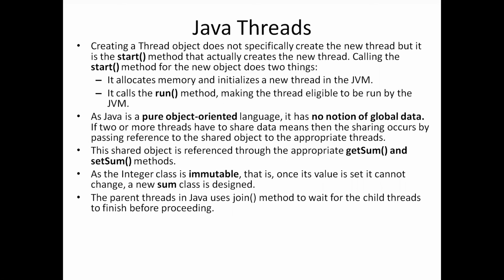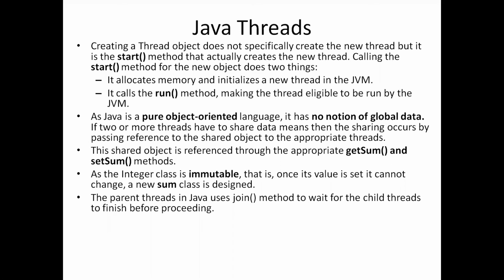The parent thread in Java uses the join method to wait for the child thread to finish before proceeding. In Pthreads also we use the join function, which is called to block the parent thread until the child thread completes its execution.